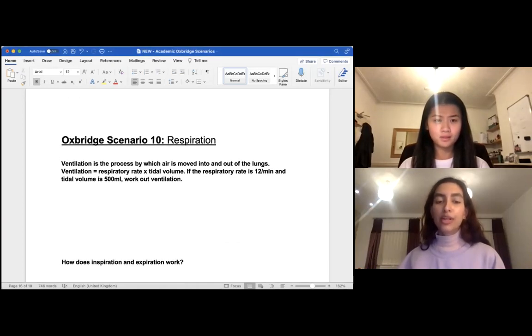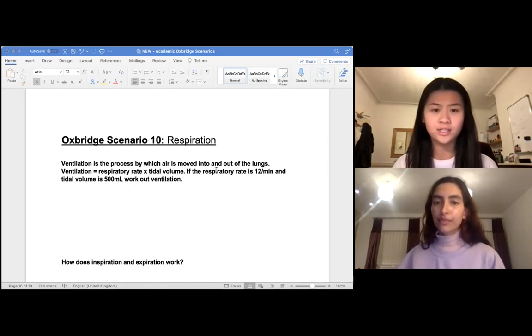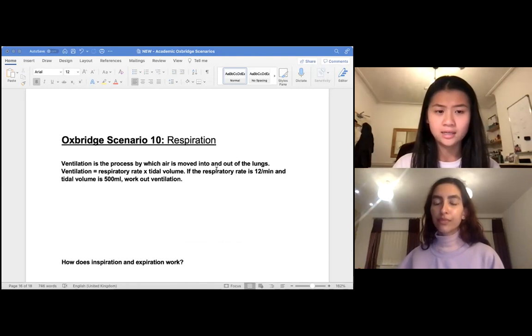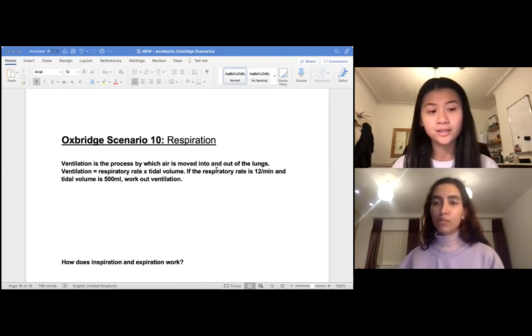How does inspiration and expiration work? So during inspiration, the intrathoracic volume increases, and this reduces intrapleural pressure and alveolar pressure, which then draws air in. And during expiration, the intrathoracic volume decreases, which then causes an increase in the pressure and forces air out.